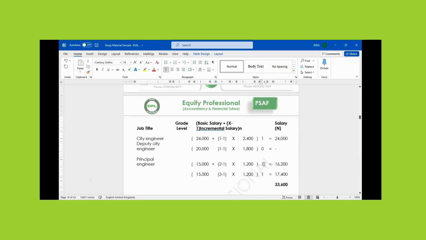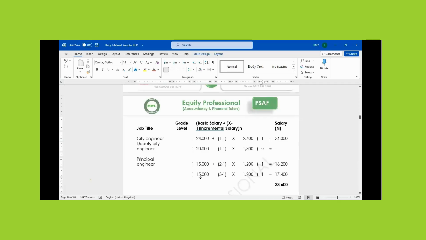By 1, because it is one person that occupied step 2. Now 2 minus 1 is 1 times 1,002 is 1,002, plus 15,000 is 16,002. 16,002 times 1 is still 16,002.